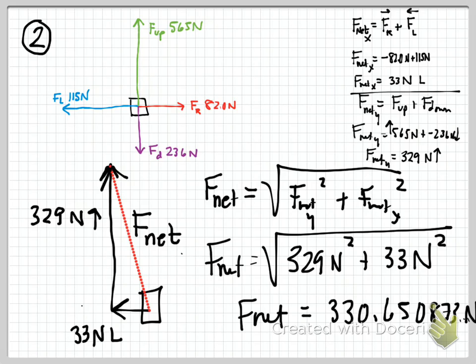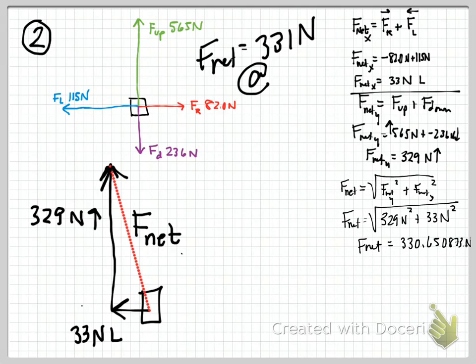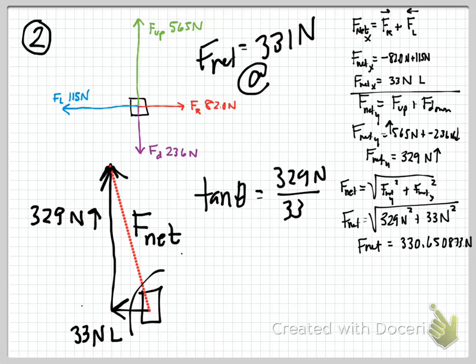We can write our answer up here and sig fig it. We have 3 sig figs, so 331 newtons. We need a heading, so this is where we have to go back to trig. We're looking for that angle. Tangent of theta equals the opposite over the adjacent, which is 329 over 33.